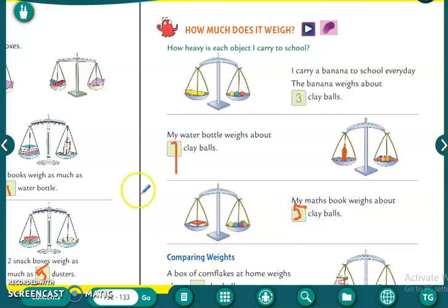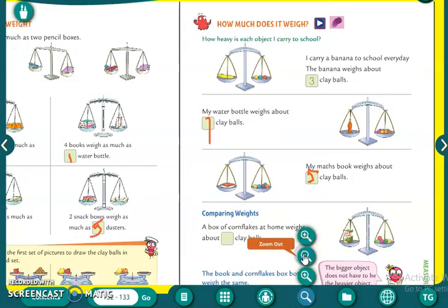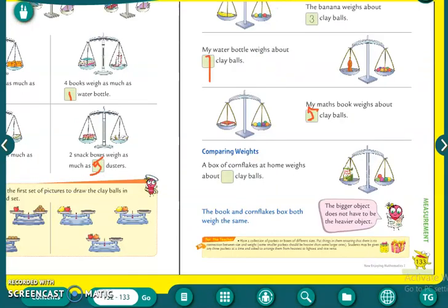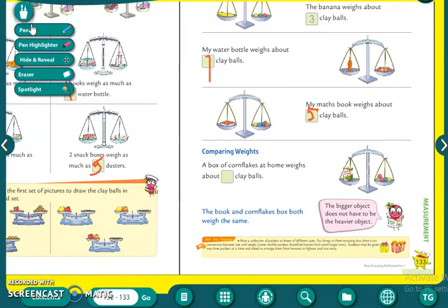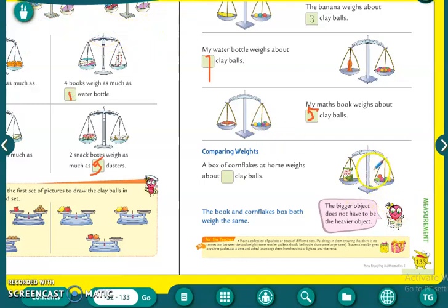Then a box of cornflakes at home weighs about how many clay balls? See, a box of cornflakes is there and here the clay balls are there.